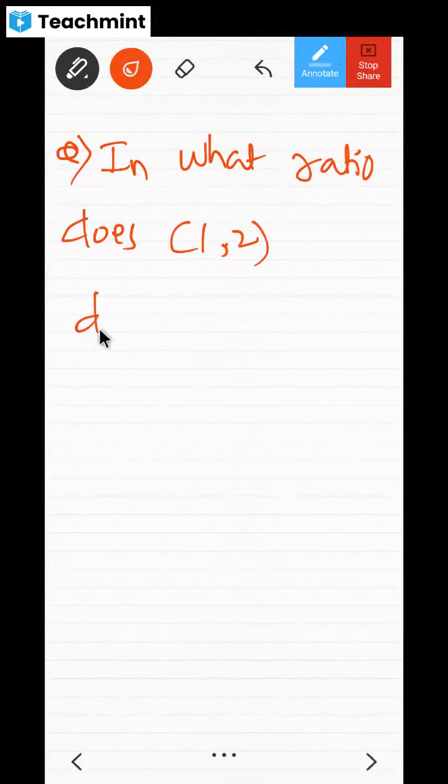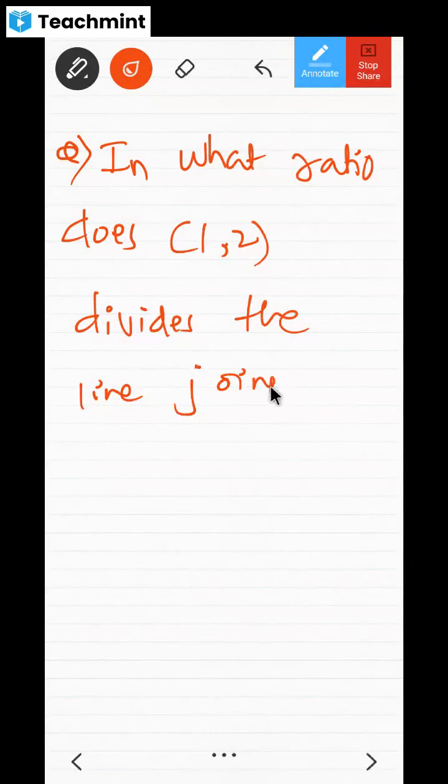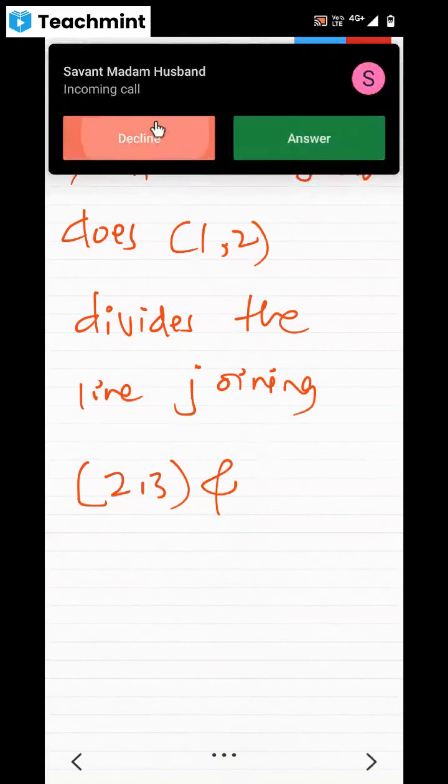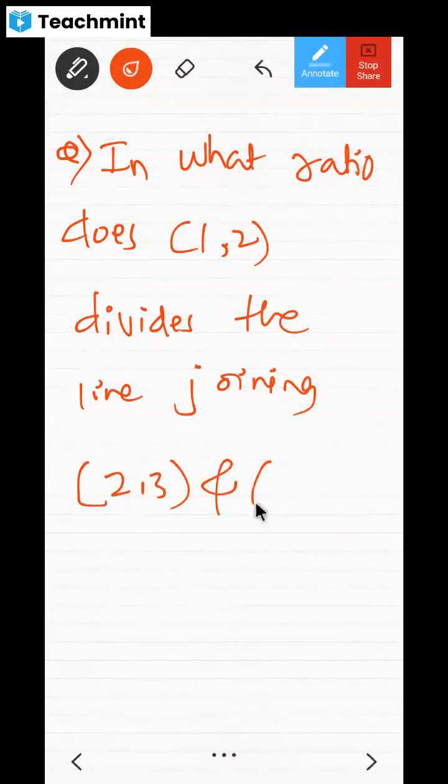In what ratio does 1,2 divide the line joining 2, 3 and -6, -5?